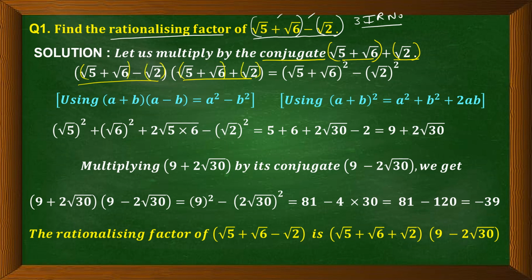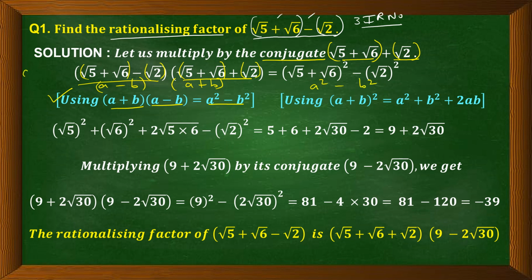If you observe, they are of the form a minus b into a plus b. According to the identity, whenever we have a plus b into a minus b, it is equal to a square minus b square. So this is our a square minus b square.